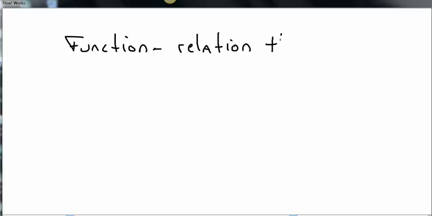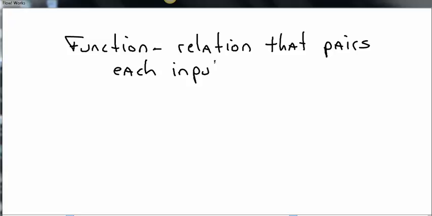A function is a relationship that pairs each input value. What's another name for input? X. Domain.